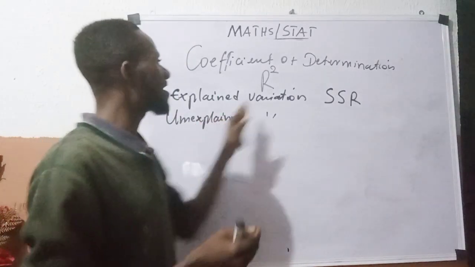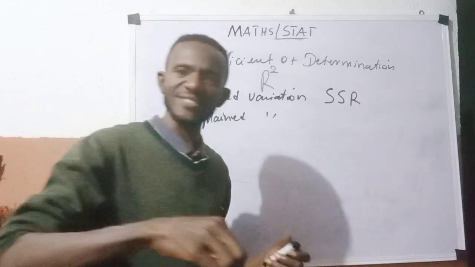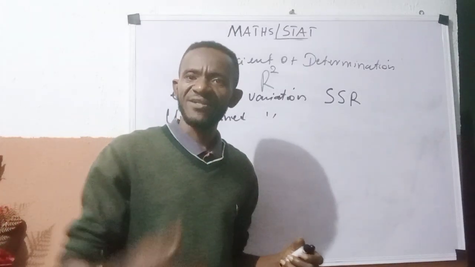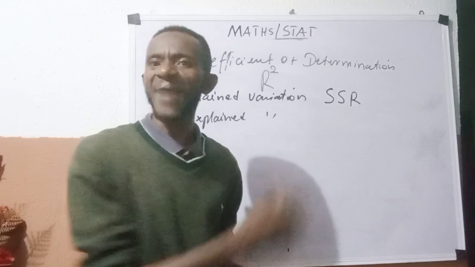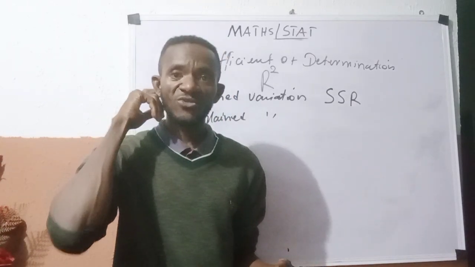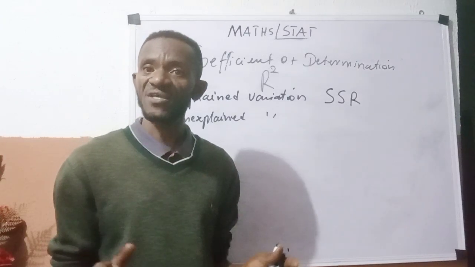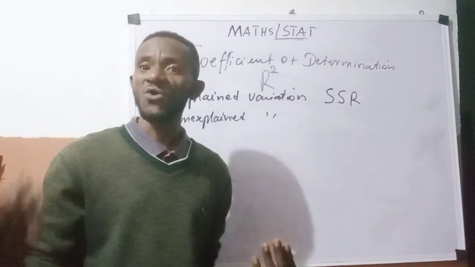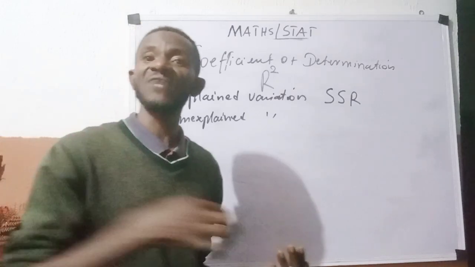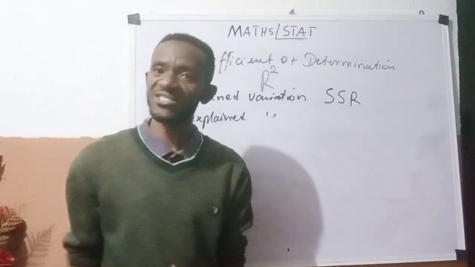Then when we talk about unexplained variation, we are talking about the variations that exist in our response variable that is not captured by our model or by our explanatory variable. So we do not know where they are coming from. It could be as a result of other independent variables influencing that response variable which we did not take into consideration in the research.